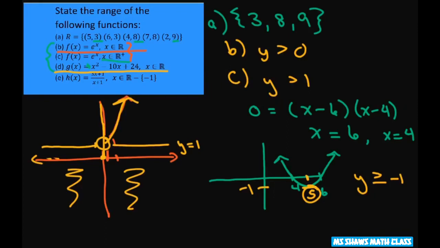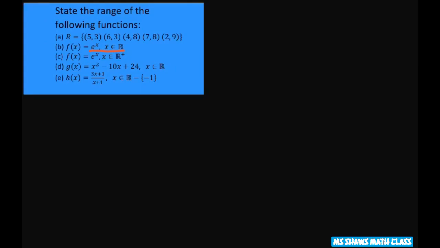And the last one, we know that our domain is everything but negative 1. So when we write this equation out, let's change this to y, and switch the x and the y.